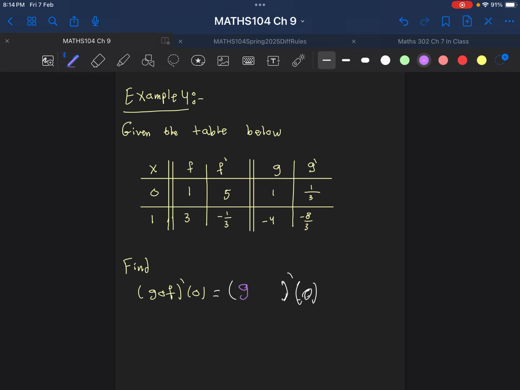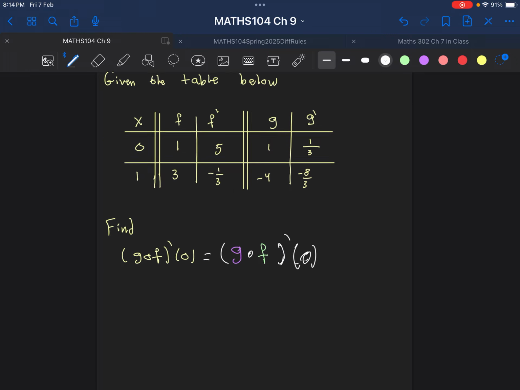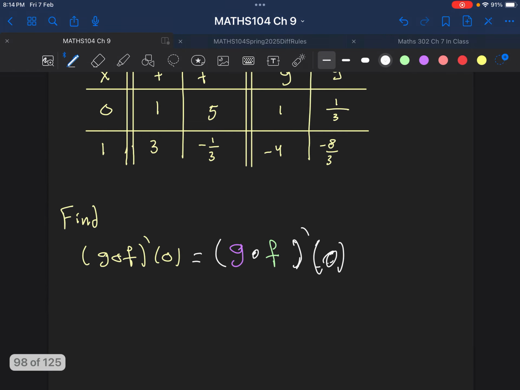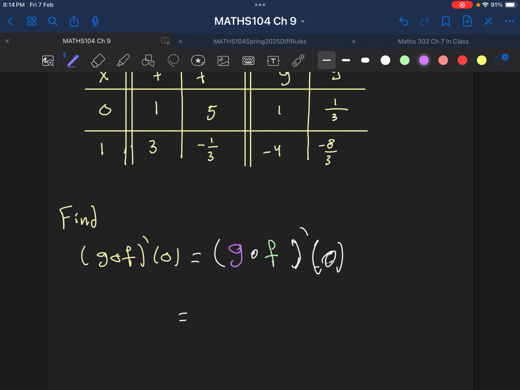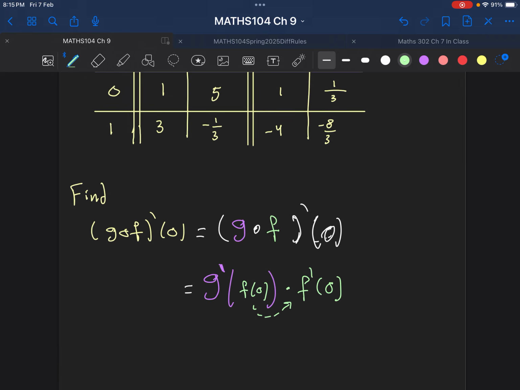So now g is outer and f is the inner, because the first one is the outer. How do you find the derivative using the chain rule? It just says that take the outer function, find the derivative, and keep the inner inside. So I will keep f of 0 times the derivative of f at 0.